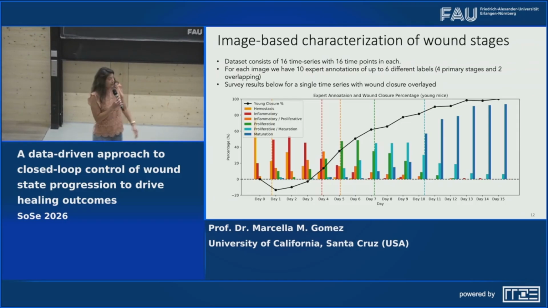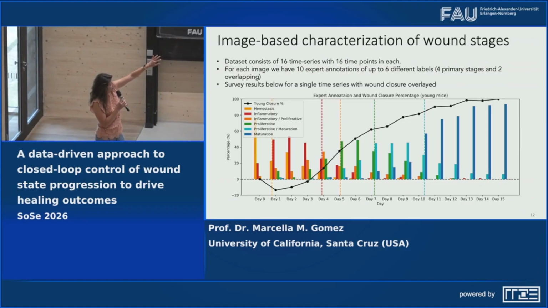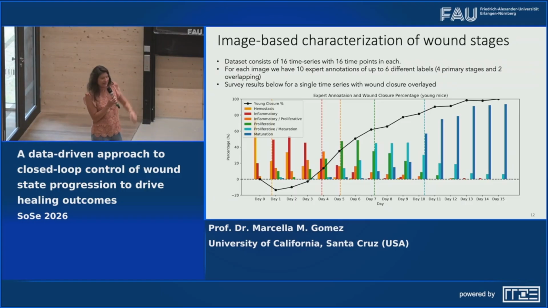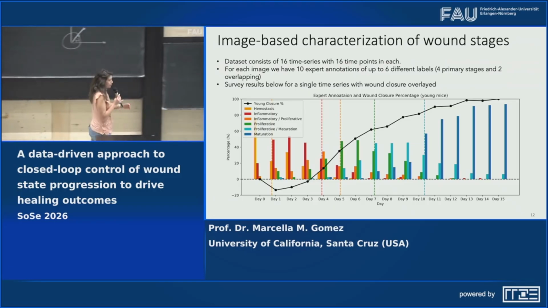We had to do some of these in 2 stages because the clinicians wouldn't label it otherwise. But essentially you can see, for example, the red is the inflammation. It peaks and then comes down. The blue is the maturation. So this is the data that we were working with.